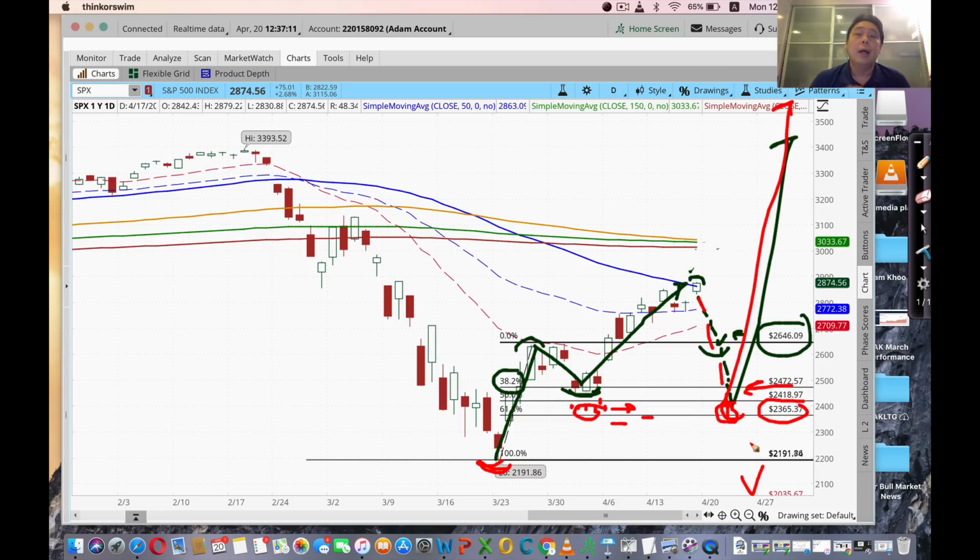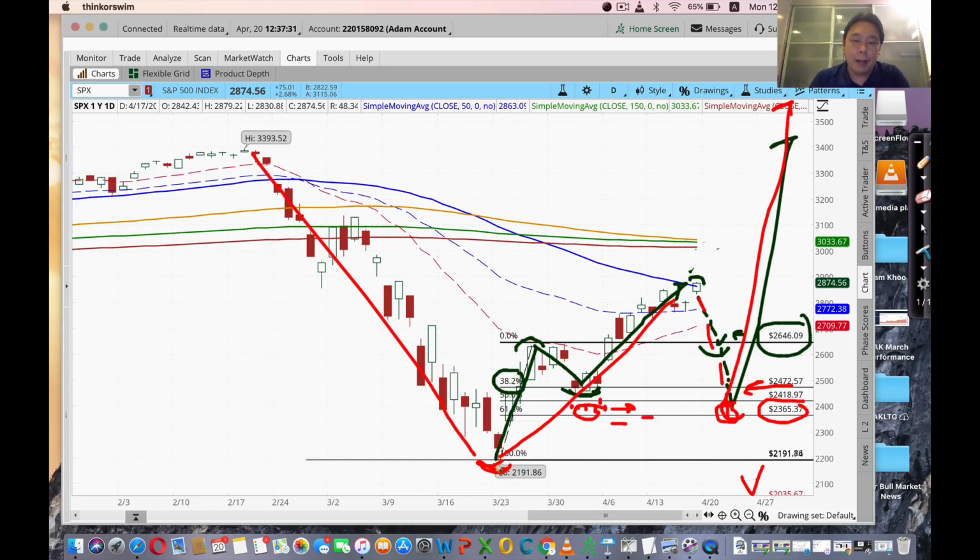It's because for the last 100 years, out of all the bear markets I have studied, every time the market has recovered more than 55% of the bear market losses, it has never made a new low. Let me repeat that statement.